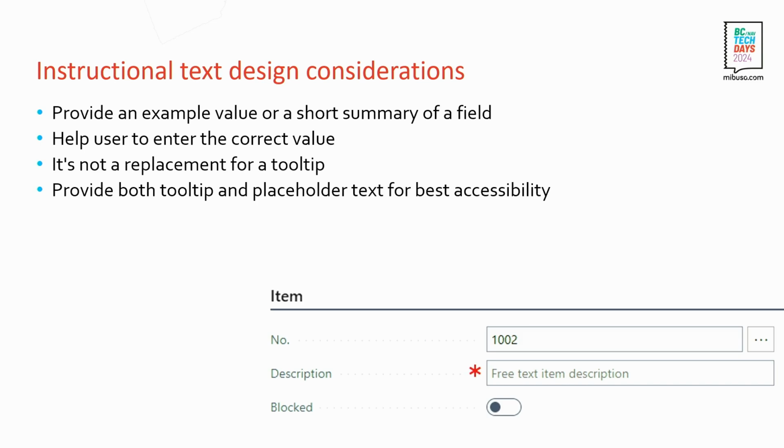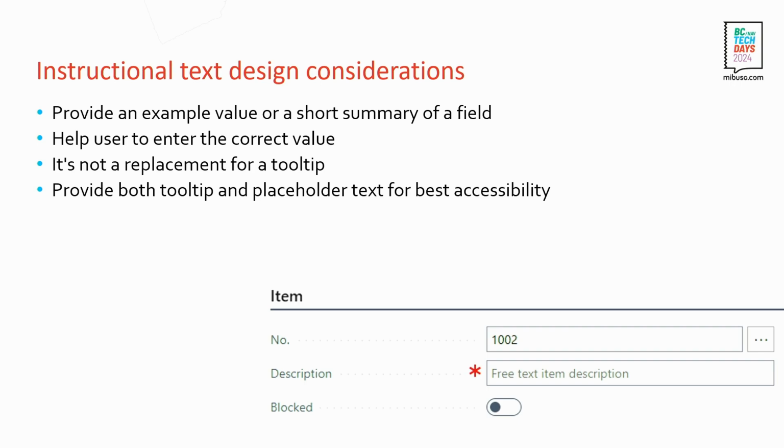Data entry errors happen when there's a mismatch between the user's mental model, what he's going to enter and how the system is going to behave, and on the other side, the developer's mental model, what he expects the input to be. The more general, broader term is placeholder text. We call it instructional text. Instructional text is an opportunity to bridge that gap and avoid that error.